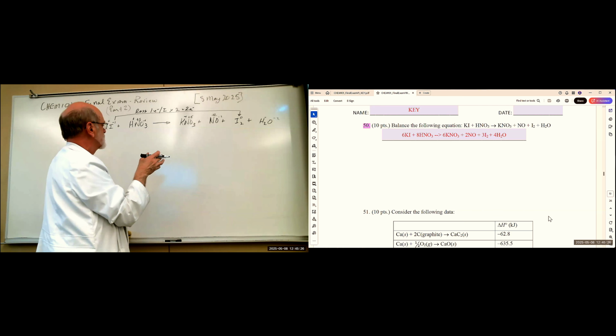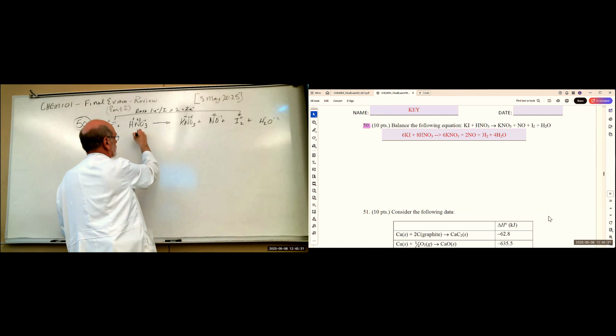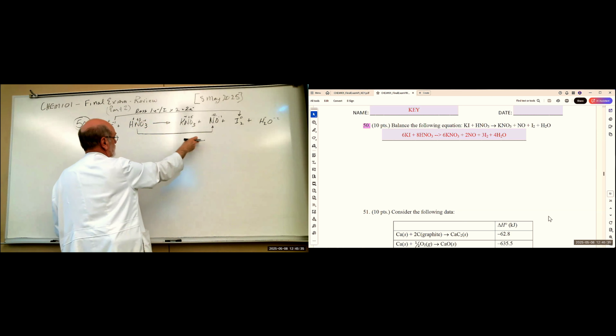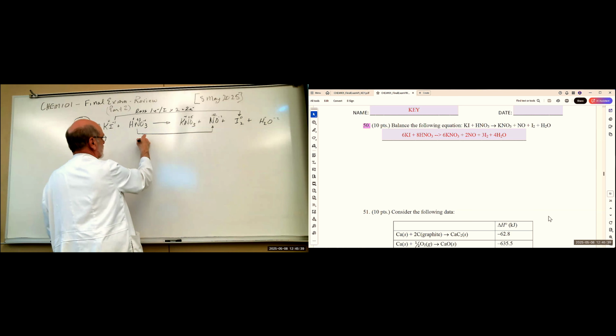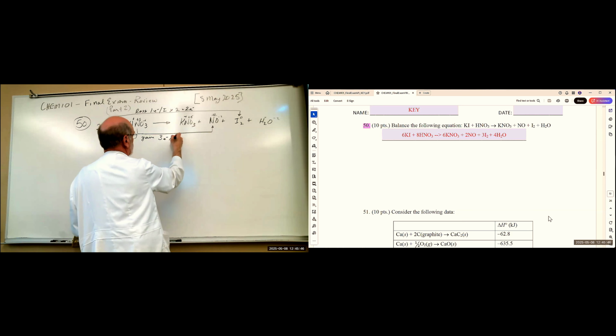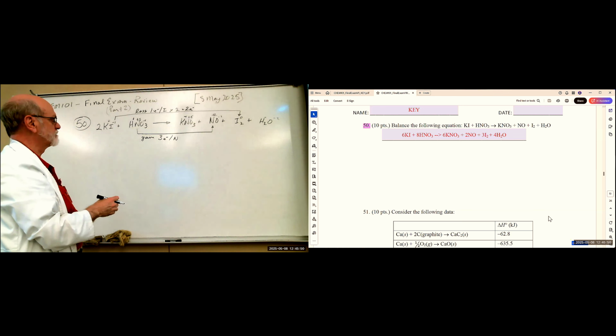Now, which one was reduced? Well, nitrogen went from here to there. It also went here, but it went to there for the reduction step. And this is a gain of 3 electrons per nitrogen. Okay?